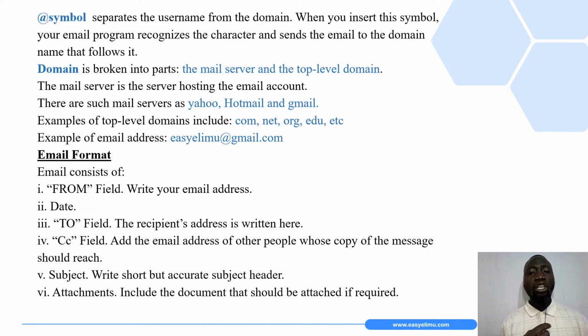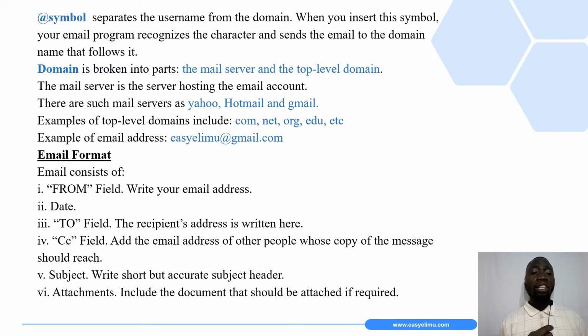Then talking about the top level domain, we have got examples: .com, .net, .org for organization, .edu for education, etc. So the two parts are what make the domain. Always remember that the domain is broken into two parts, the mail server and the top level domain.